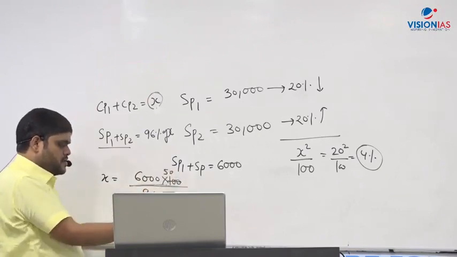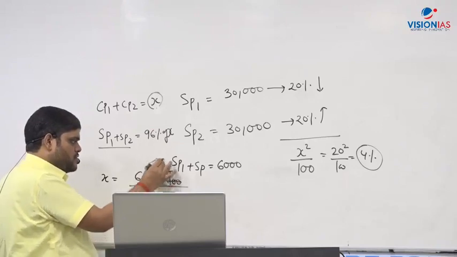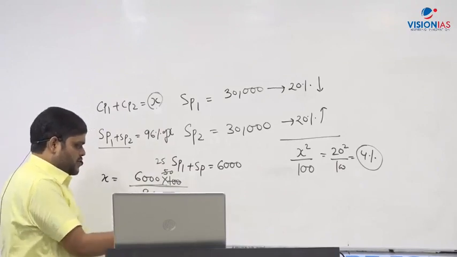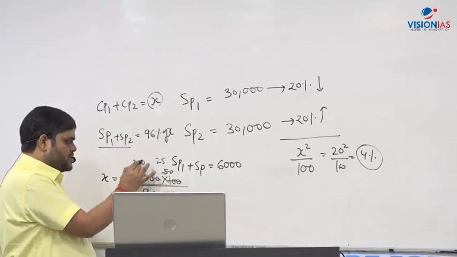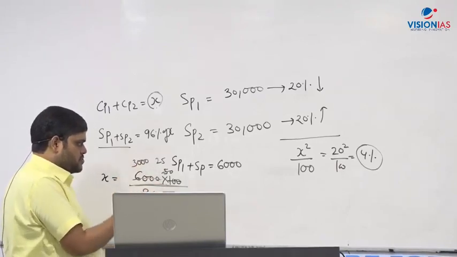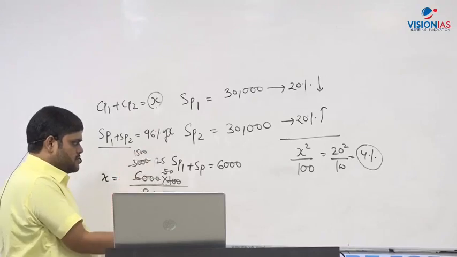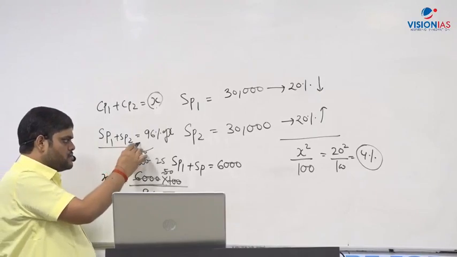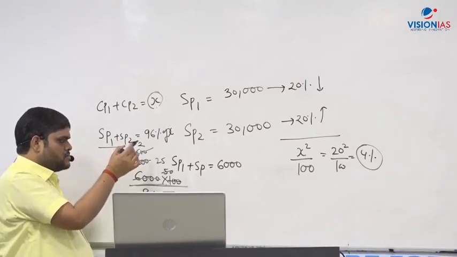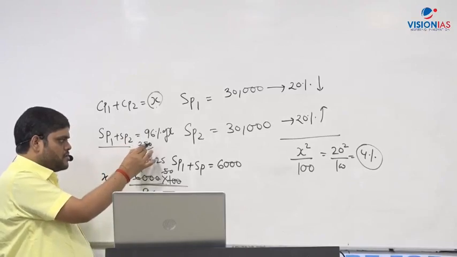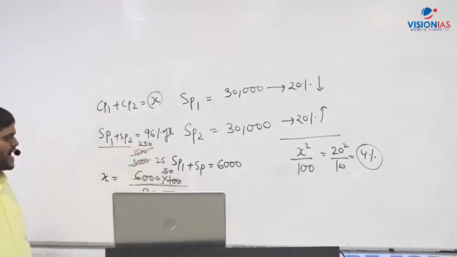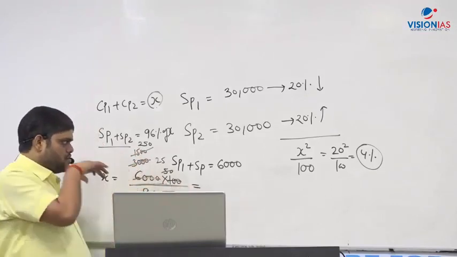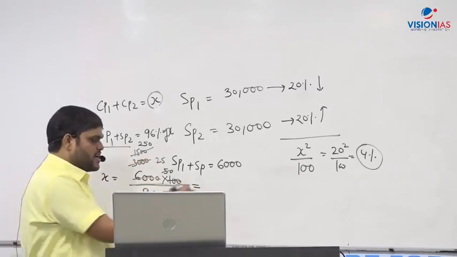Then 24, 25, then 12, 3000, 6, 1500, then directly we can cancel. 250 and 250 into 25. So 2500, 7500.